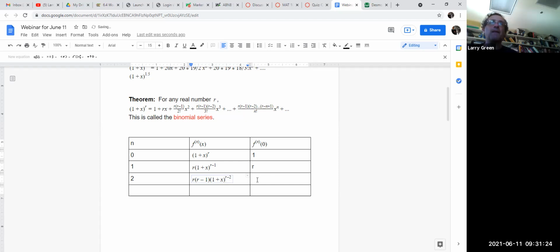There we go. Plug in 0, and you get r times (r - 1). You see it working? Okay, and then we can see the pattern and make it happen. The full proof is by induction, but you can kind of see what's going on. Any questions on this? Notice we take a third derivative, the r - 2 goes over, you get r(r - 1)(r - 2). That was the next one, and then you just keep going.